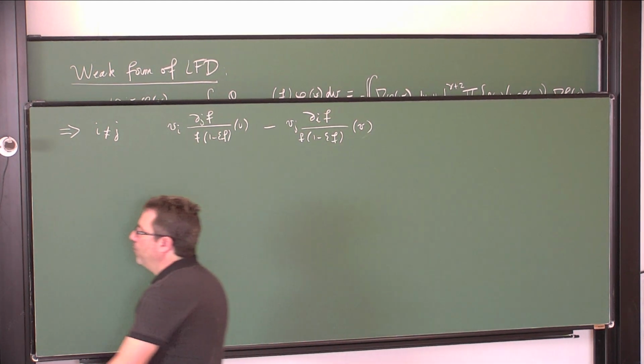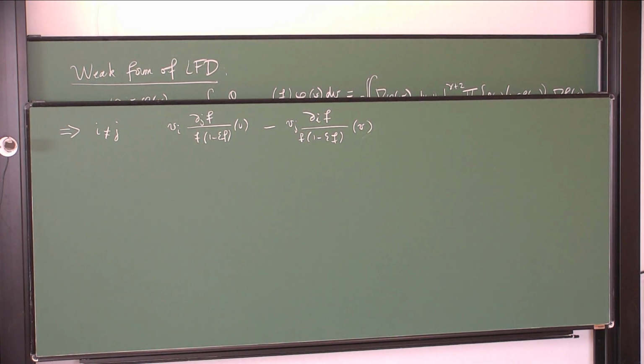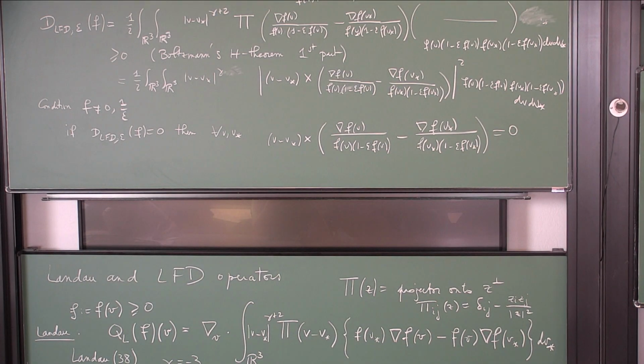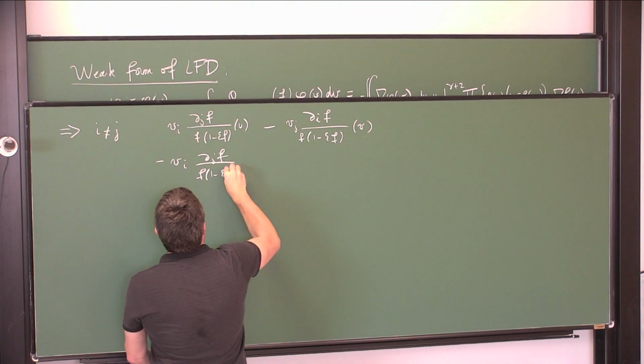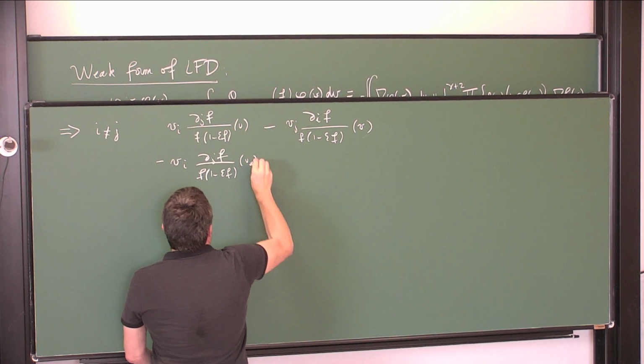So this comes from v times gradient f over f1 minus epsilon f. And then you have the same term, but taken at point v star.